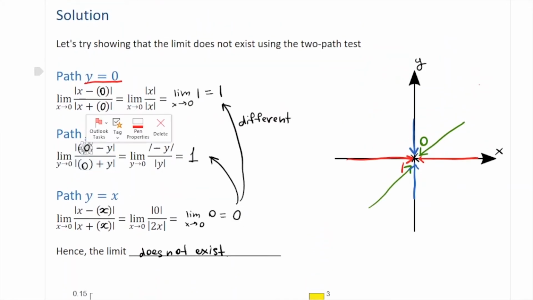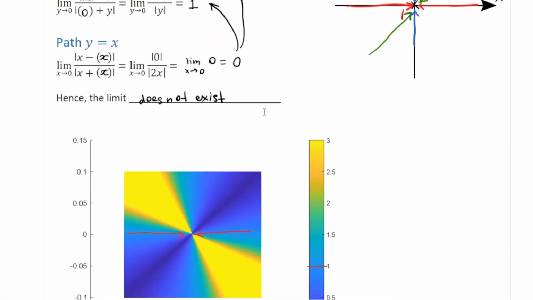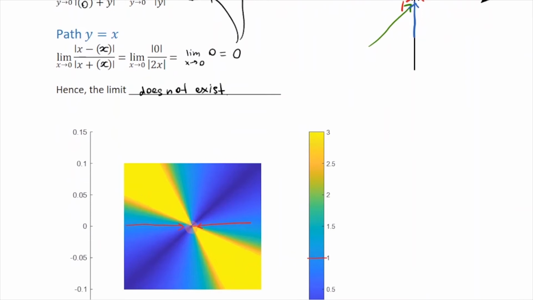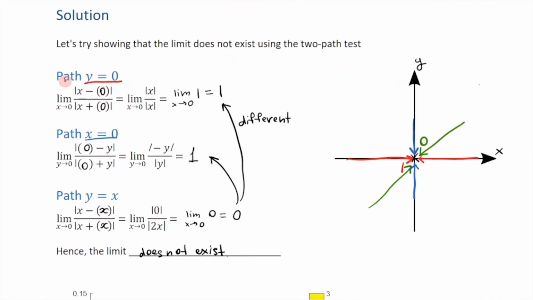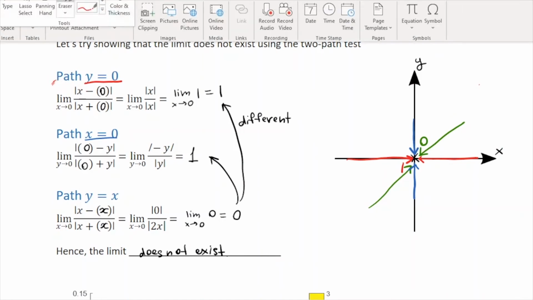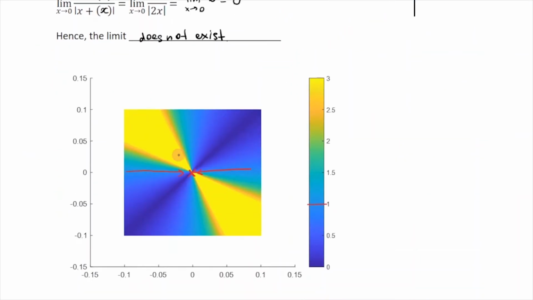Yeah, right, because we plugged this in and then it just canceled. So there was no actual evaluating of the limit. We actually just determined that the value is equal to 1 on this line. I mean, not on this point, obviously. On this point, you're dividing by 0. Okay. Sorry, this was this red path right here. The blue path, same thing. We have this cyan color, which corresponds to 1.